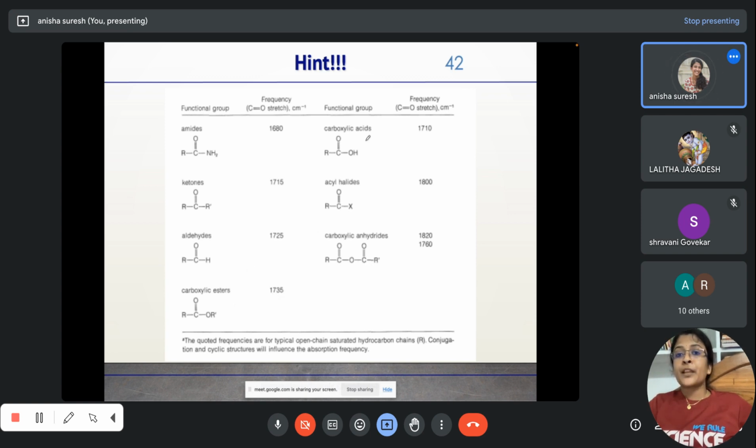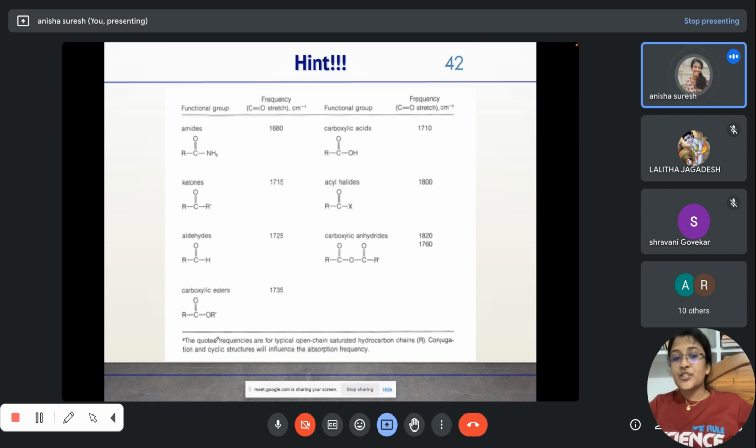For carboxylic acid, around 1710. For acyl halides, C double bond O X, around 1800. For carboxylic anhydrides, around 1820 and 1760.